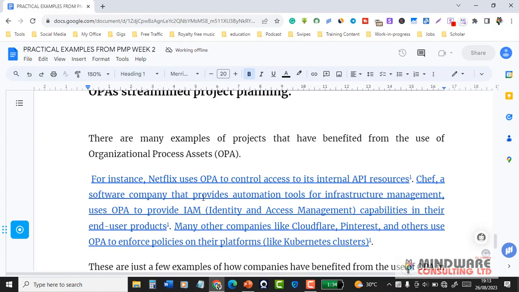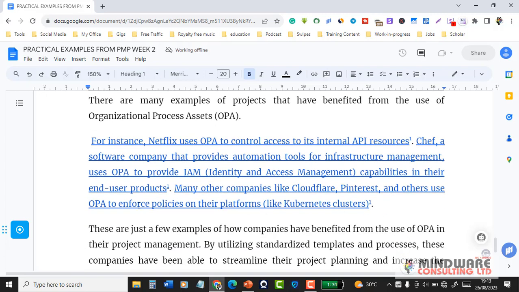Chef, a software company that produces automation tools for infrastructure management, uses OPA to provide IAM, which is an acronym for Identity and Access Management, capabilities in their end user products. Many other companies like Cloudflare, Pinterest, and others use OPA to enforce policies on their platforms like Kubernetes clusters.